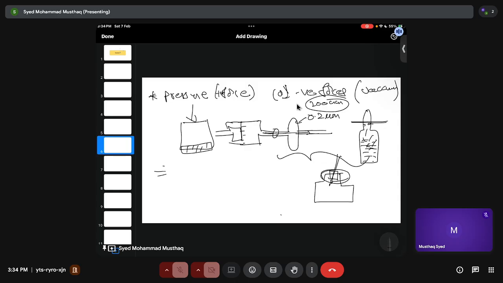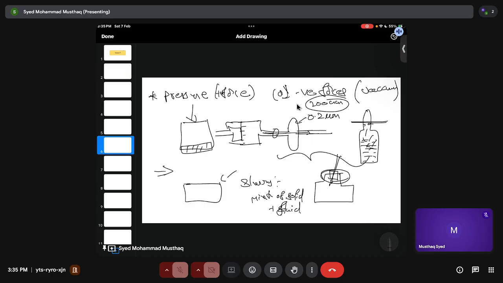So we apply pressure. There are horizontal filters. We apply air pressure. For example, you have some slurry, right? Slurry is nothing but a mixture of solid plus fluid, right?